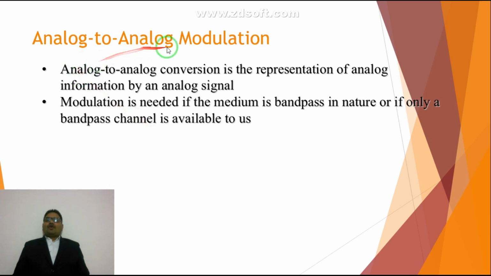Now, analog to analog modulation, we will see this first. Analog to analog conversion is the representation of analog information by an analog signal. And modulation is needed, guys, if the medium is band pass in nature, or only if a band pass channel is available to us, because a band pass channel has a range from low frequency to high frequency.